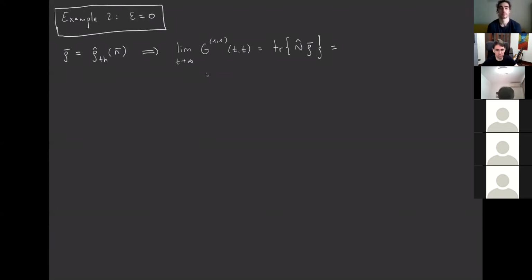And by definition, remember that the thermal state is parameterized by the number of excitations, N, which is just the photon number associated to the Bose-Einstein distribution of the given temperature and frequency that you are working with. Okay, and now to evaluate the G2 function, this is actually the perfect example to apply the quantum regression formula.